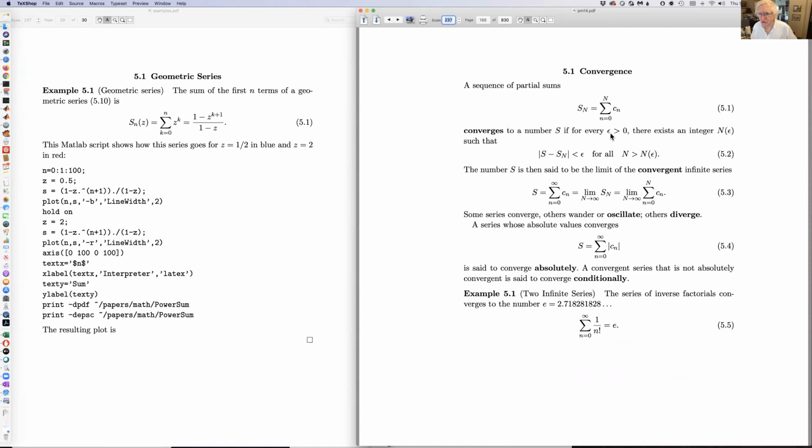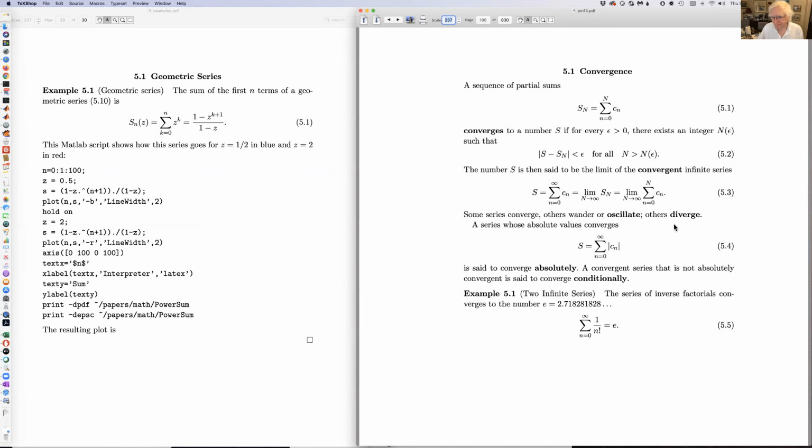And it converges to a number if for every positive number epsilon, no matter how small, there exists an integer such that if you sum beyond that integer, N of epsilon, your partial sum is within epsilon of S. And then S is said to be the limit of the convergent infinite series. Some series converge, others don't. They either wander or oscillate or diverge.